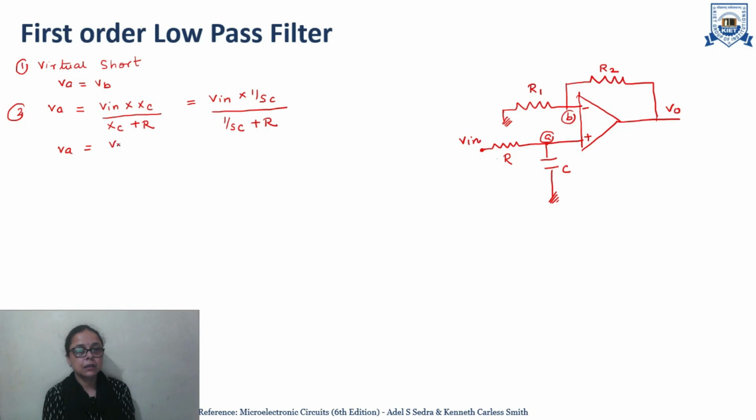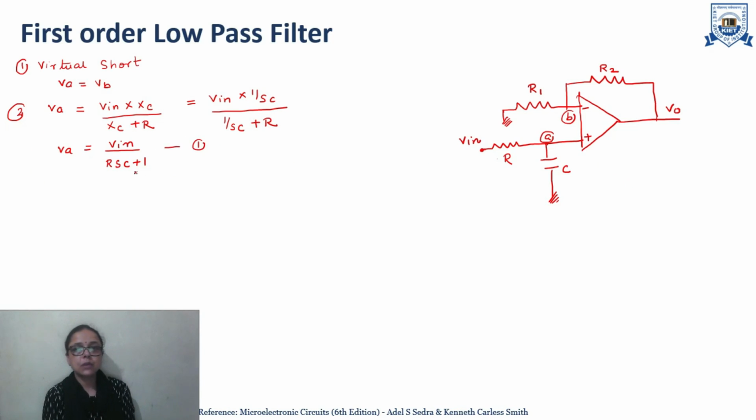Here SC will be cancelled out, then we will get Vin divided by RSC plus 1.